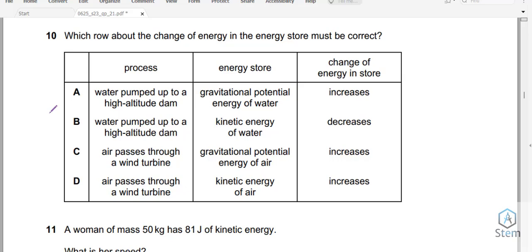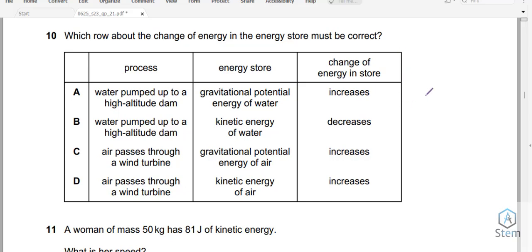Number 10. Which row about the change of energy in the energy store must be correct? Okay, A. Water pumped up to a high altitude dam. What's happening is gravitational potential energy. Yes, water gets gravitational potential energy and energy increases. That is correct.